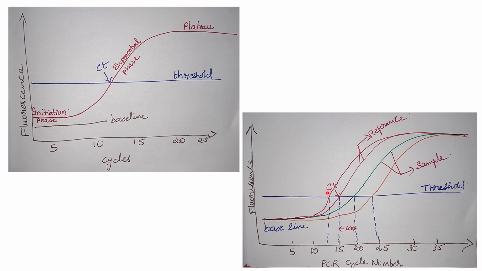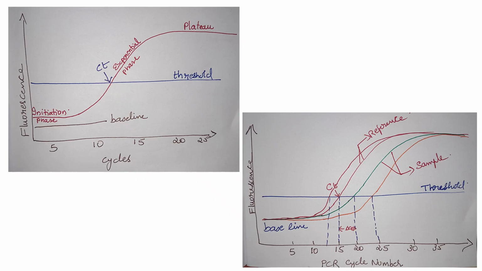See, the standard is showing the CT value at lower PCR cycles. For the standard, you already know at what PCR cycle number it will show the CT value. So like that you can tell. For that sake you will use normalization.